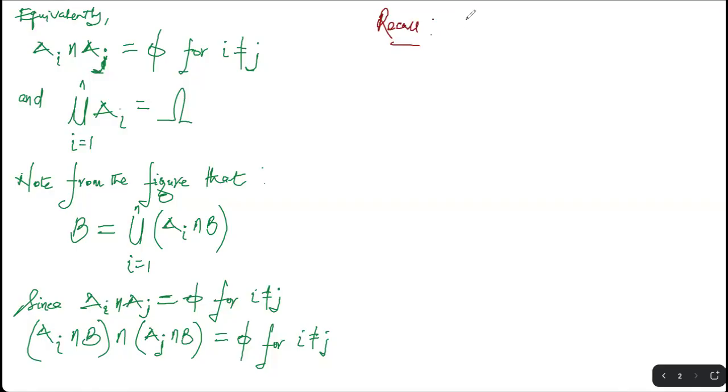Okay, this is the special additive law. All right. There's a corollary of the special additive law.